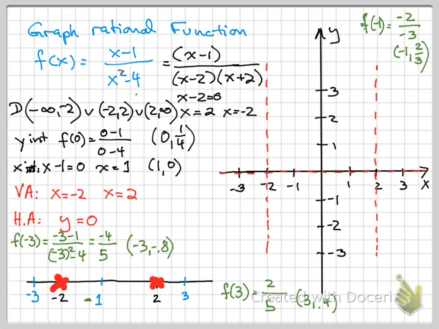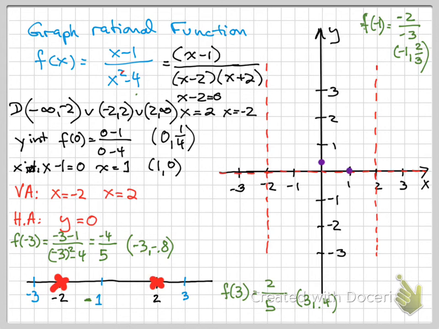Let me use purple. We have our vertical asymptotes, we have our horizontal asymptote. (0, 1/4) was my y-intercept, and that is somewhere over here. Then I also had (1, 0), that is right there.